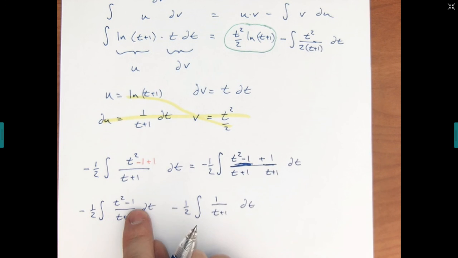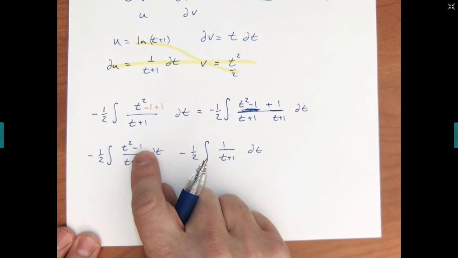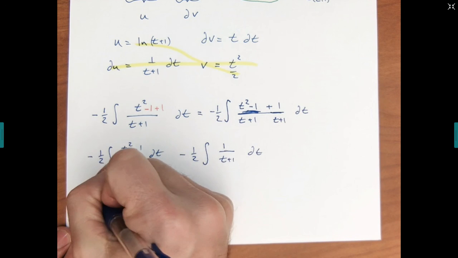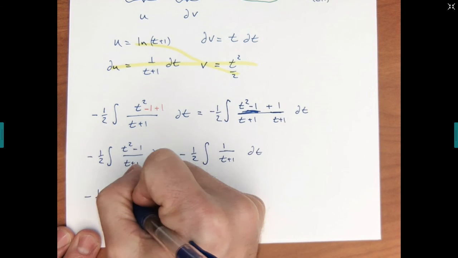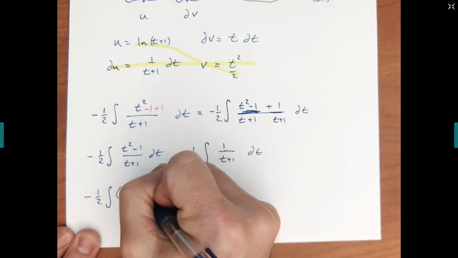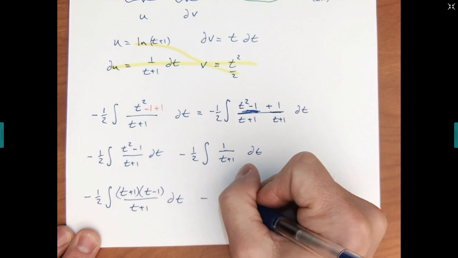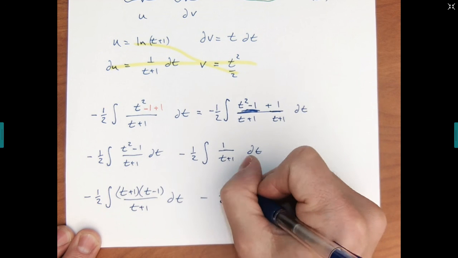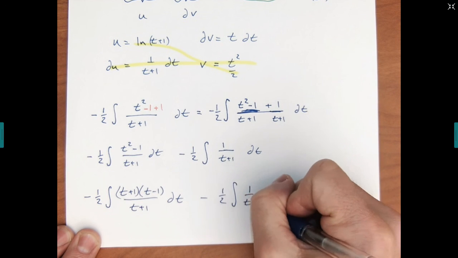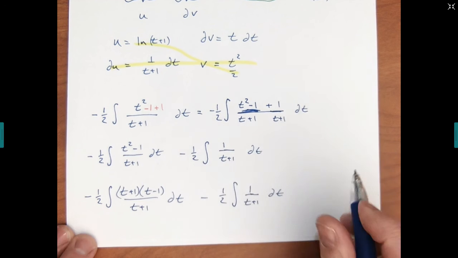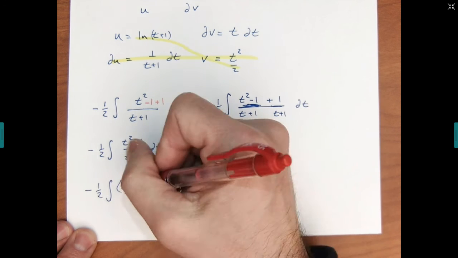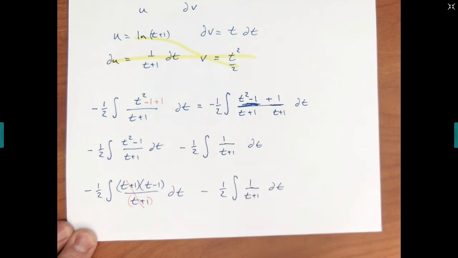The first one particularly so, because I can factor that numerator. Those cancel out. This becomes very easy for us to integrate. This one actually isn't too bad either.